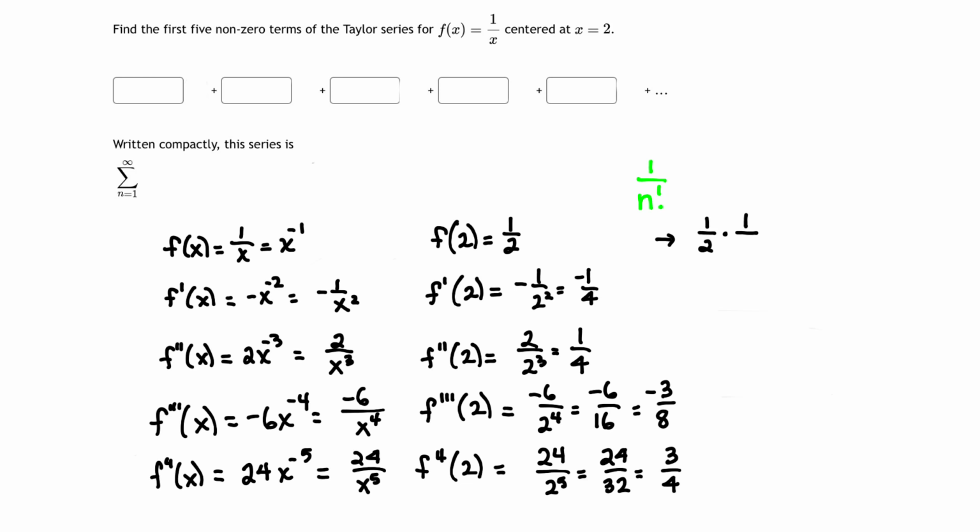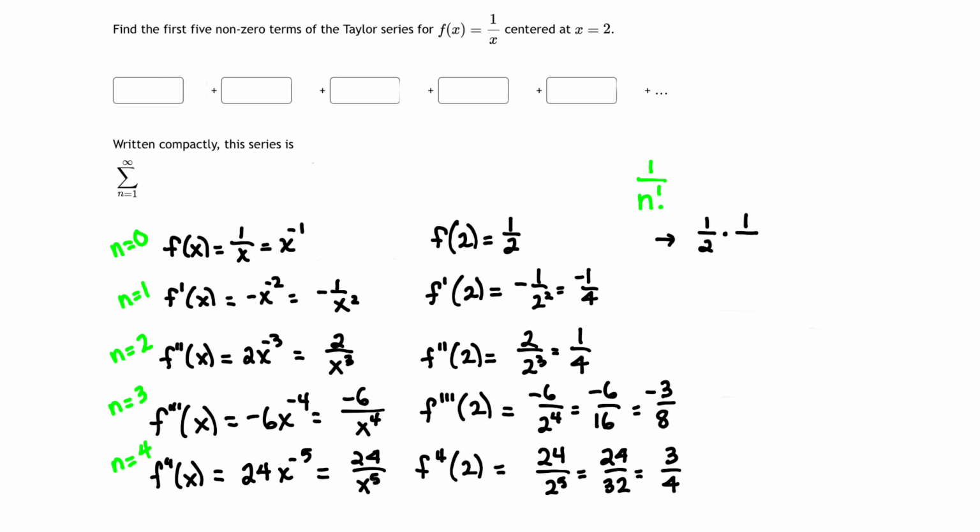Over here, we weren't taking a derivative, and n was 0. Here we are taking our first derivative, that's n equals 1. Here we're taking our second derivative. Here we're taking our third derivative, and here we're taking our fourth derivative.